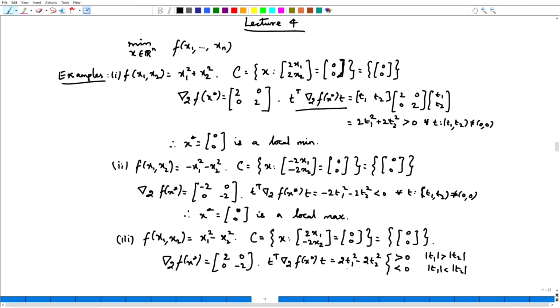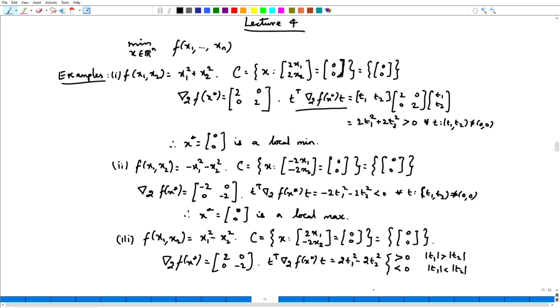For example, if you take t1 equal to 2 and t2 equal to 1, you have 2 t1 squared minus 2 t2 squared greater than 0. If you take the reverse, t1 equal to 1 and t2 equal to 2, then 2 t1 squared minus 2 t2 squared is less than 0.